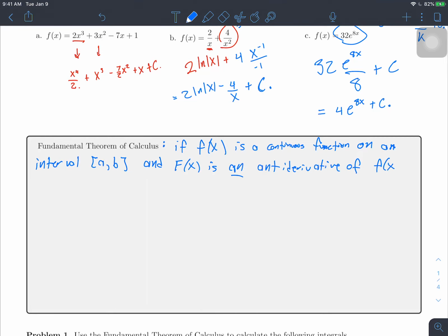Remember what that means is capital F prime of x is equal to little f of x.